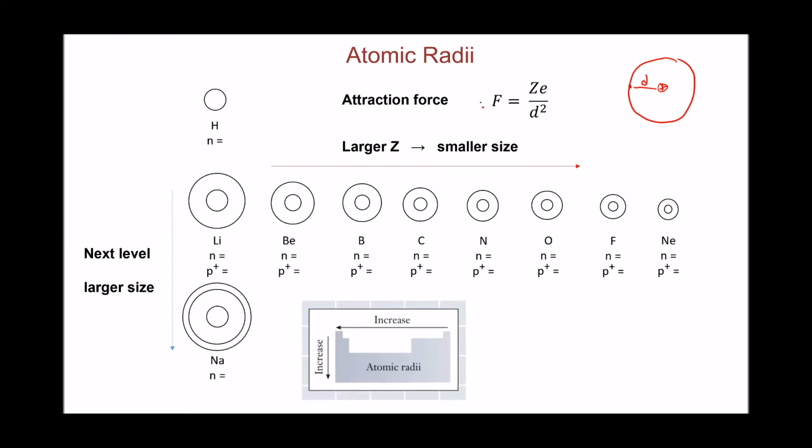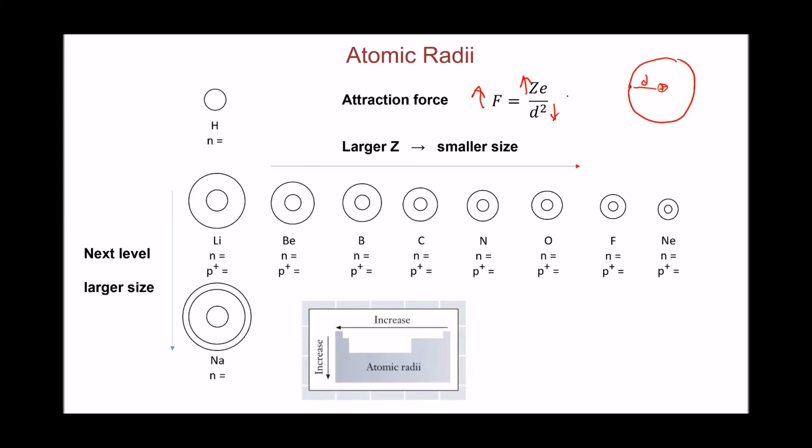If you have a strong attraction, that means the size will be smaller. And the strong attraction could result from a higher charge of the nucleus. So the other way around, if you have a larger charge on the nucleus, that will cause the attraction to be stronger, which will cause the distance to get smaller.